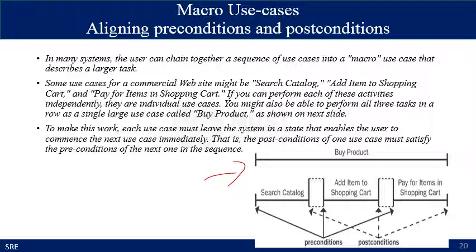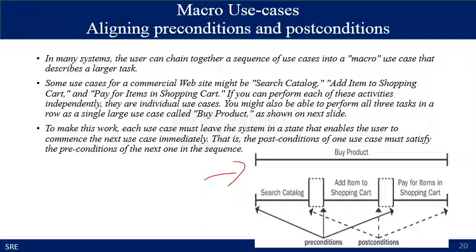If you can perform each of these activities independently, they are individual use cases. You might also be able to perform all three tasks in a row as a single large use case called buy product, as shown in the slide.